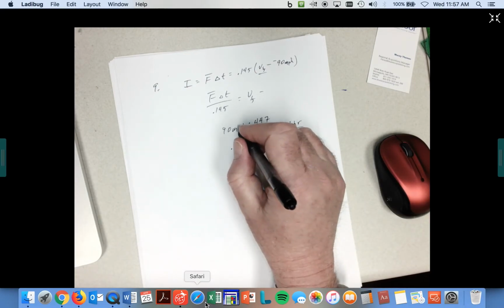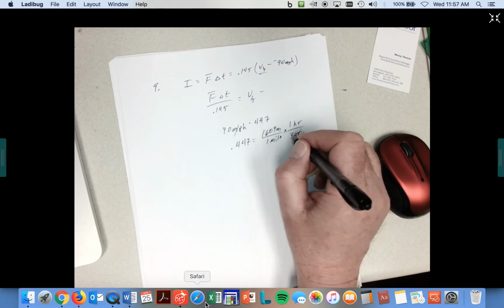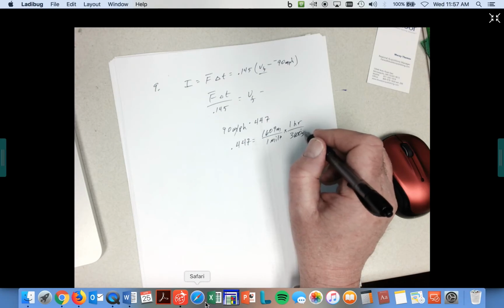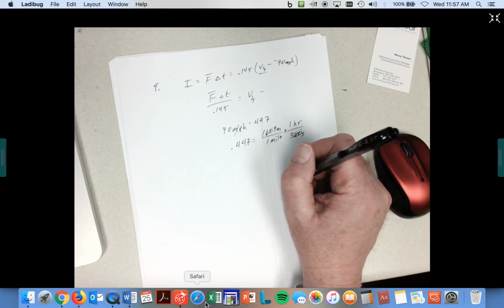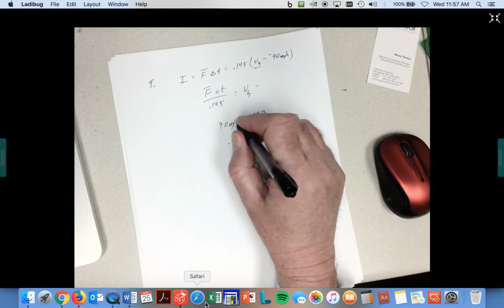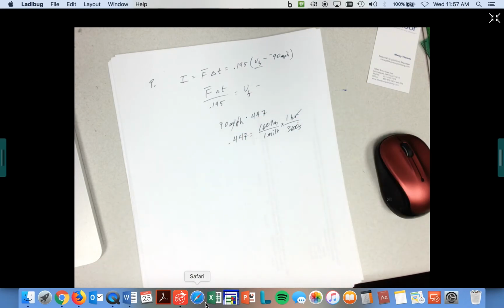So the miles cancel, and the hours cancel, okay? Because it's per hour, the hours are in the numerator and the denominator, so the hours cancel too. All right, that's where that came from.